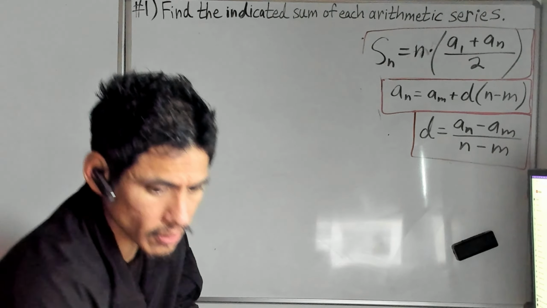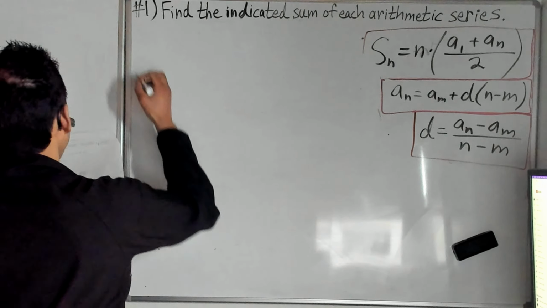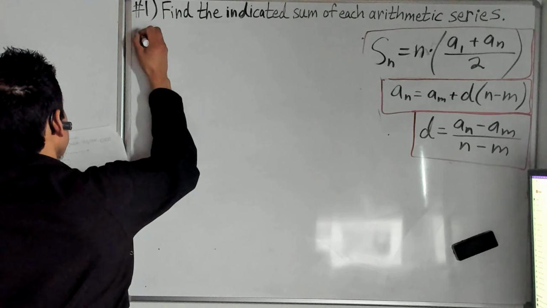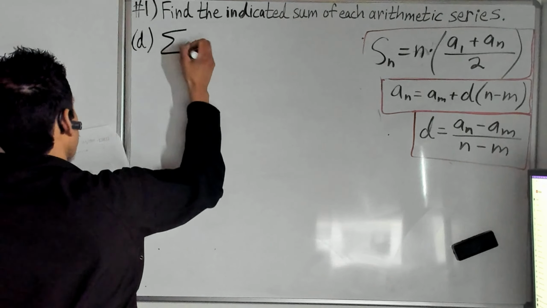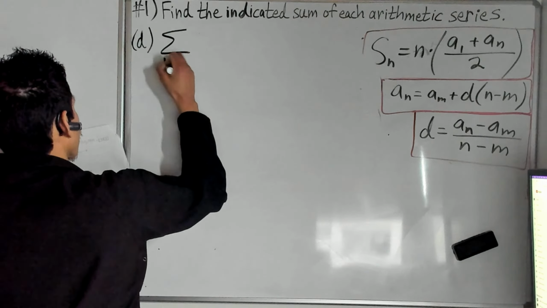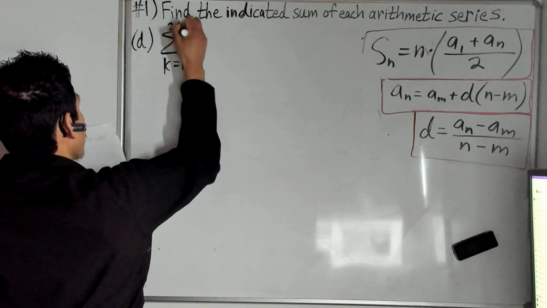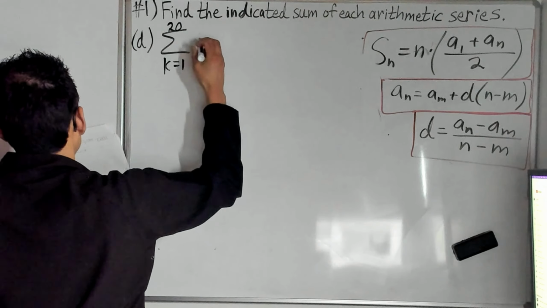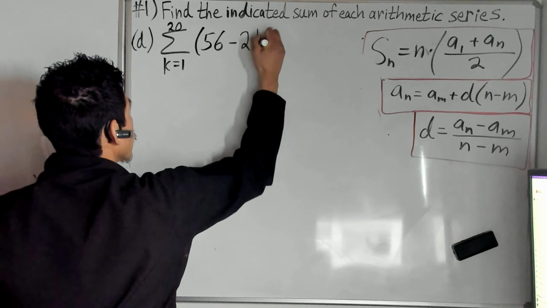Let's switch to the black. For D, we got K equals 1 to 20, 56 minus 2K.